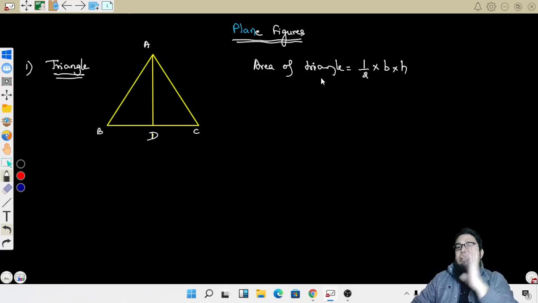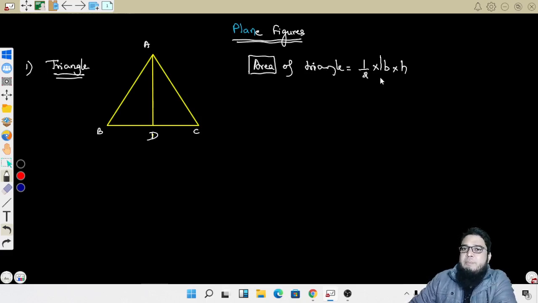Okay, so when we talk about area, what is the concept? Area comes when you multiply two dimensions. Half is a constant value, that will remain half. You are multiplying the base and height, two dimensions.